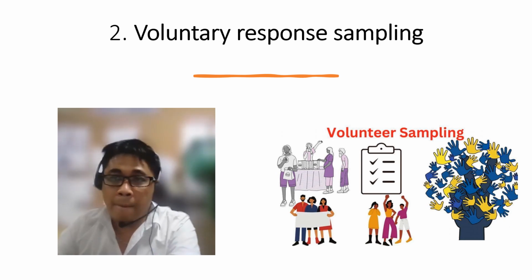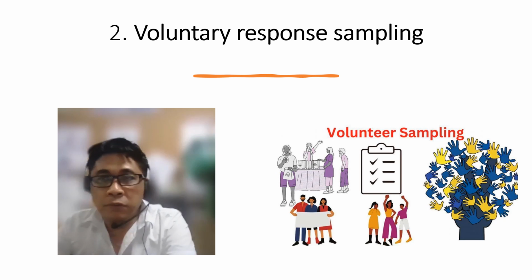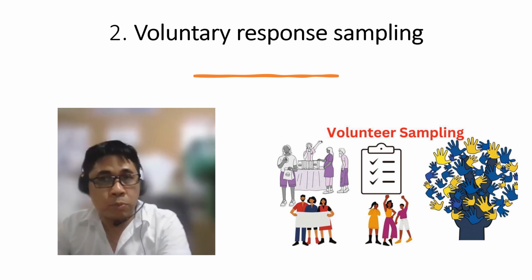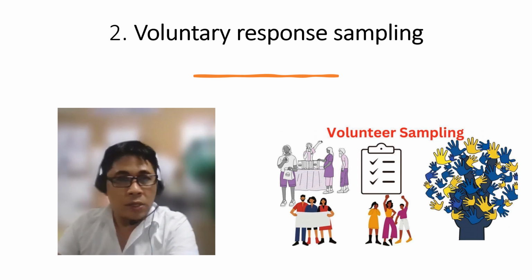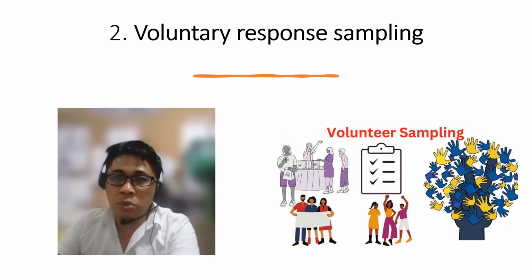it is an example of phishing, predatory websites. Voluntary response samples are always at least somewhat biased, as some people will inherently be more likely to volunteer than others. An example here is you send out a survey to all students at your school and a lot of students decide to complete it.